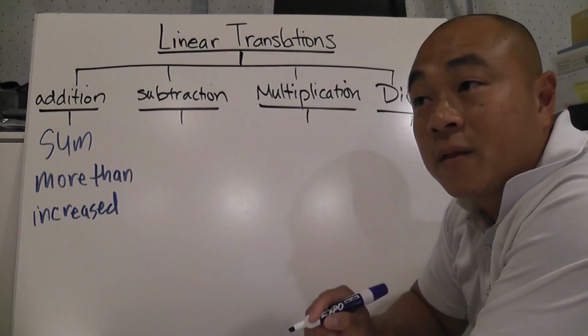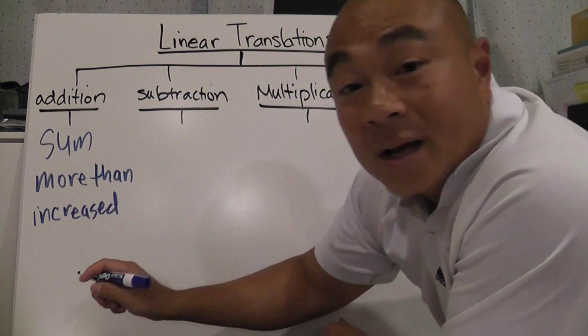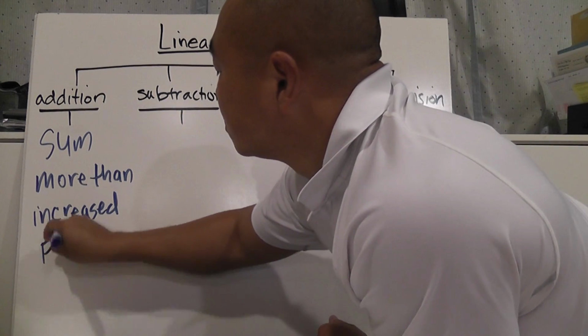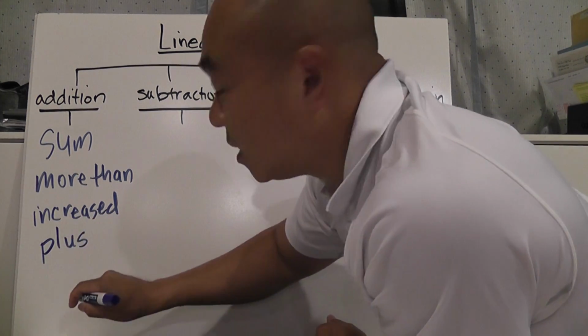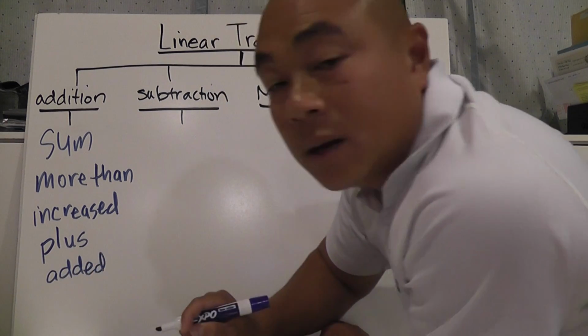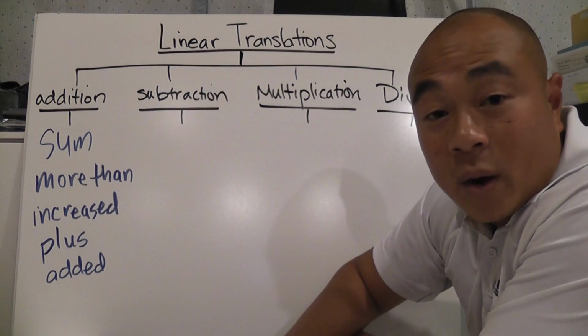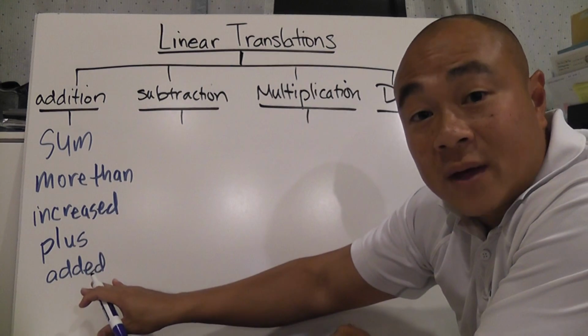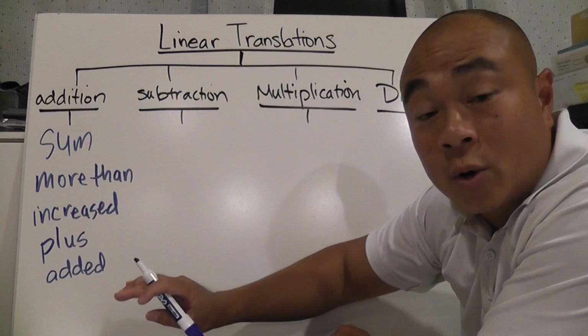And let's go with the basic one, plus. Added. Now I'm sure there's more that we can think of, however, let's just go ahead and leave it at that. If you think of more, go ahead and put that in your notes.